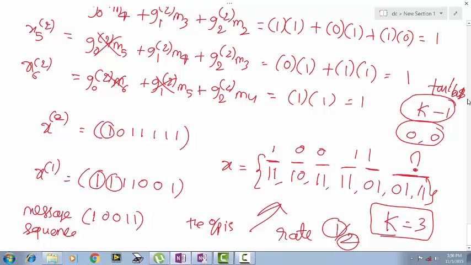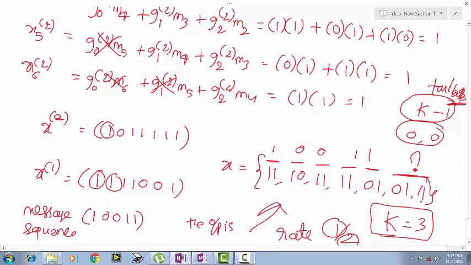Those K minus 1 tail bits: here K equal to 3, so K minus 1 is equal to 2. So 2 additional zeros are added to the message vector. What is the message vector? 1 0 0 1 1, 5 bits. But in order to keep the encoder state to the initial state again, we require K minus 1 tail bits.